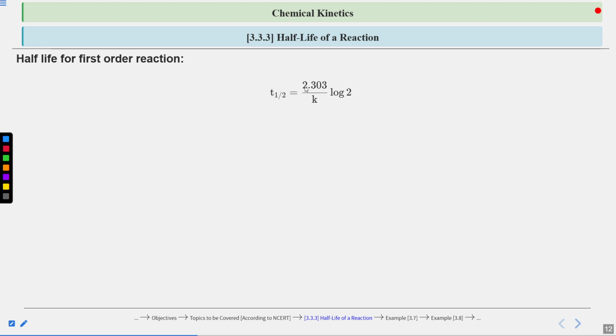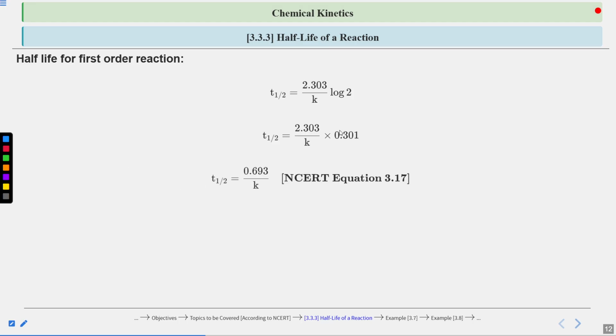Now T half will be 2.303 by K log 2, as I said. You can also put the value of log 2 from the logarithmic table, which is 0.301. So T half, that is half-life, becomes 2.303 divided by K multiplied by 0.301.